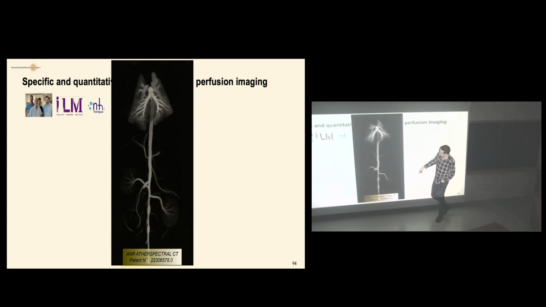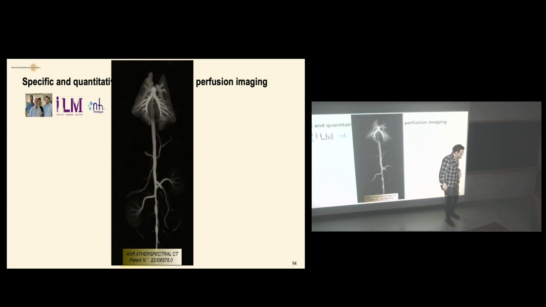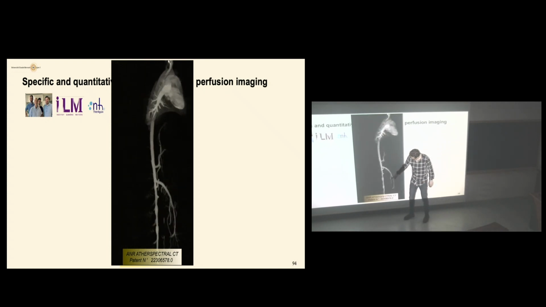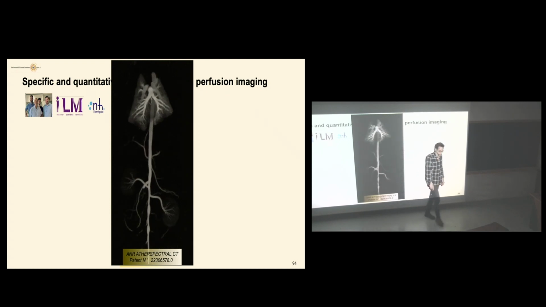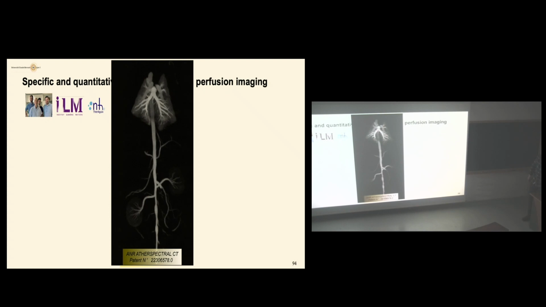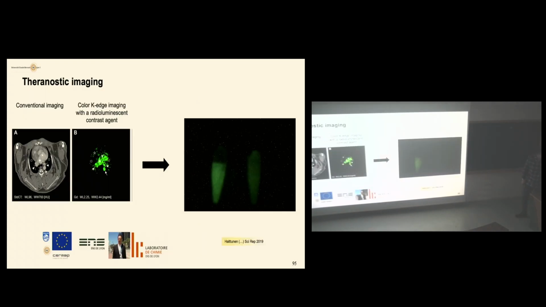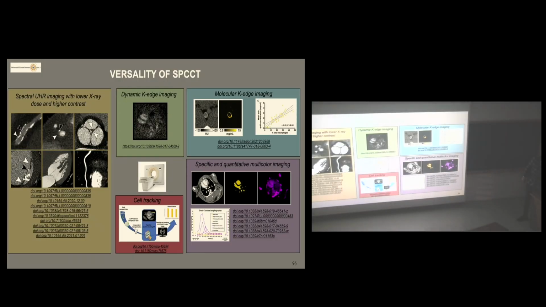You also see the disease in that rabbit, which is an atherosclerotic rabbit model with a small aneurysm in that part. So this is really a bright future for clinical translation of K-edge imaging, and also for the versatility of spectral photon-counting imaging, which can be used for increasing the spatial resolution.